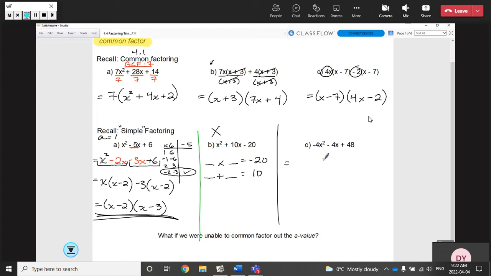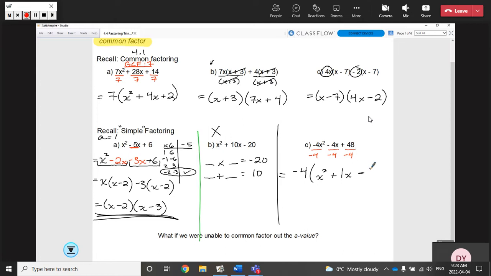What would be our first move in something like this? Greatest common factor. Our greatest common factor, I believe, is -4. Okay. And we keep that -4 out front of the brackets. And we'll have x squared plus 1x minus, is it 12?